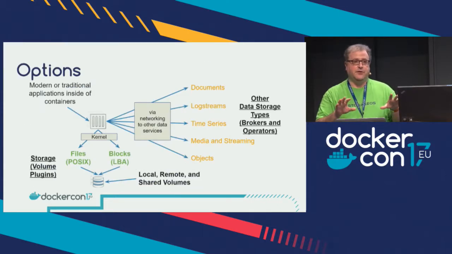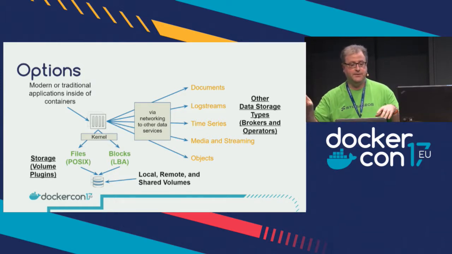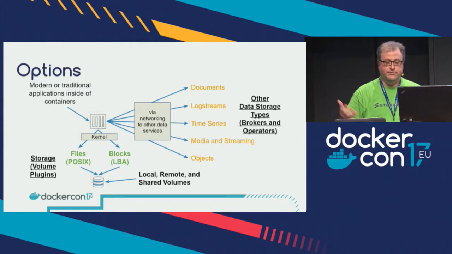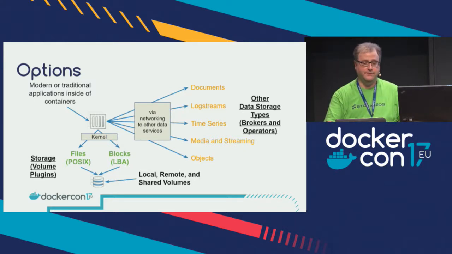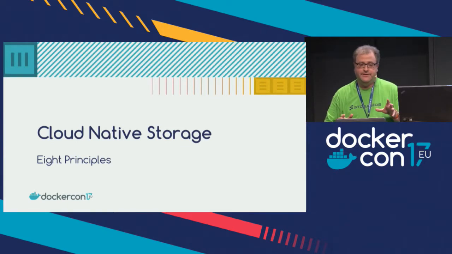So there are a bunch of different options, and a lot of the initial stateless microarchitectures might be using object stores or time series databases somewhere else in the system. But ultimately, most applications need some sort of storage that results in storing data to some sort of volume, which typically sits on a file system or a block device within the environment.